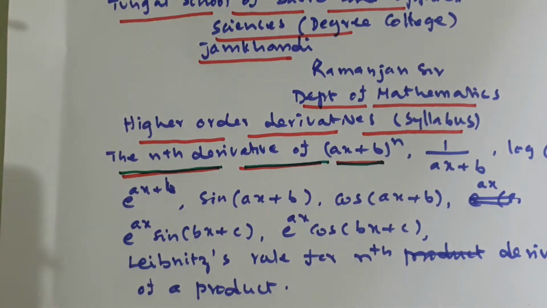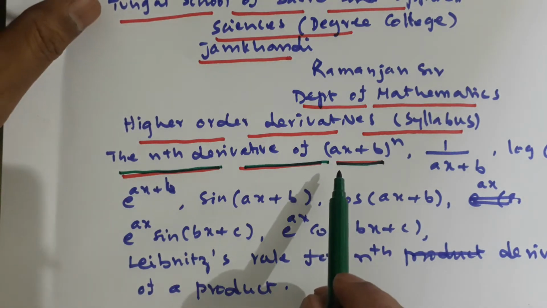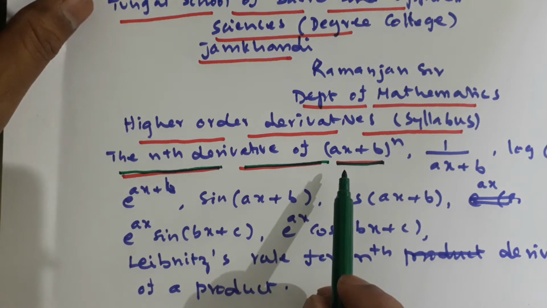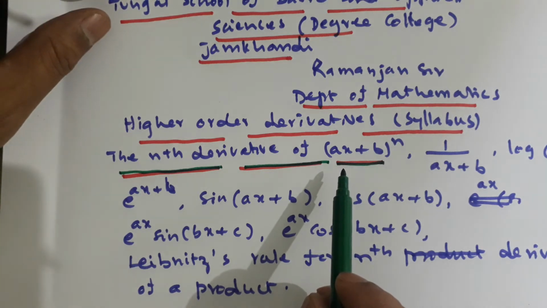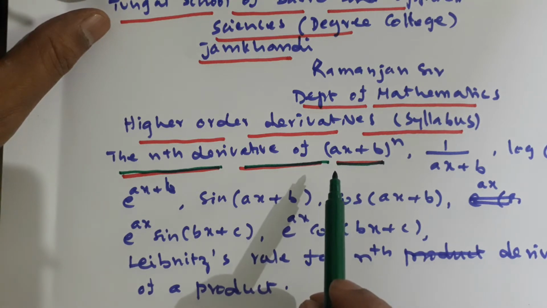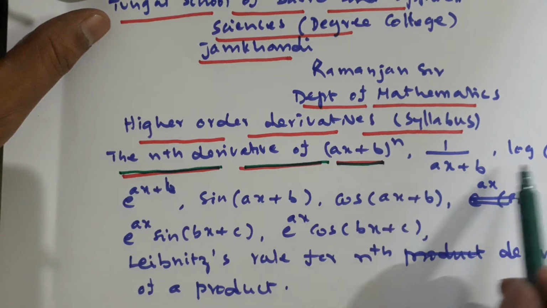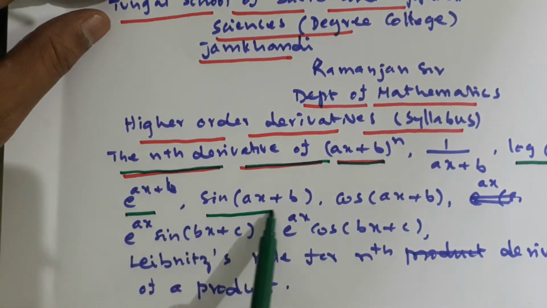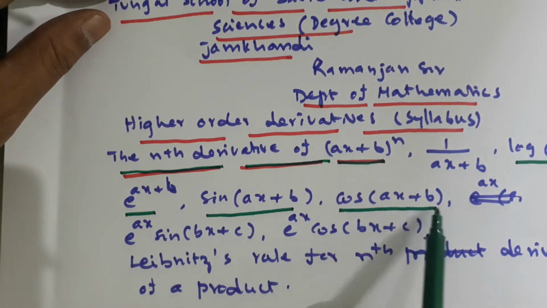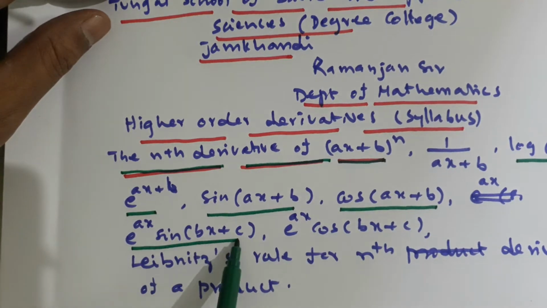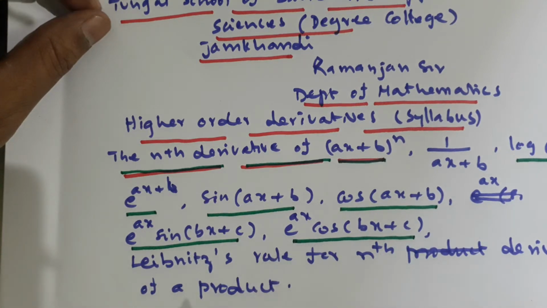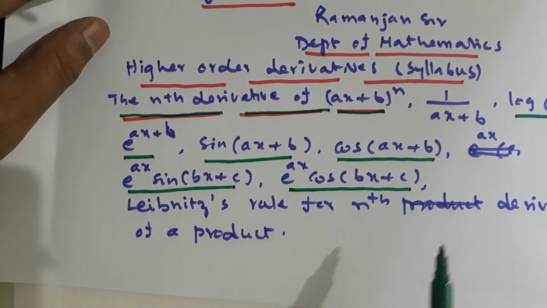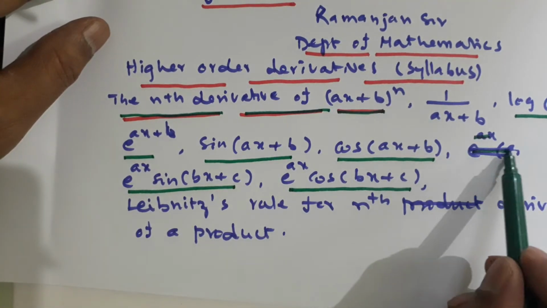As we have only the first and second derivatives in PU sections, that is dy by dx, d square y by dx square, whereas now we can find the nth derivative of algebraic reciprocal functions, logarithm functions, exponential functions, sine functions, particularly the trigonometric functions, next a product of two functions, like e power ax into sine bx plus c, similarly e power ax into cos bx plus c. These type of functions let us discuss.